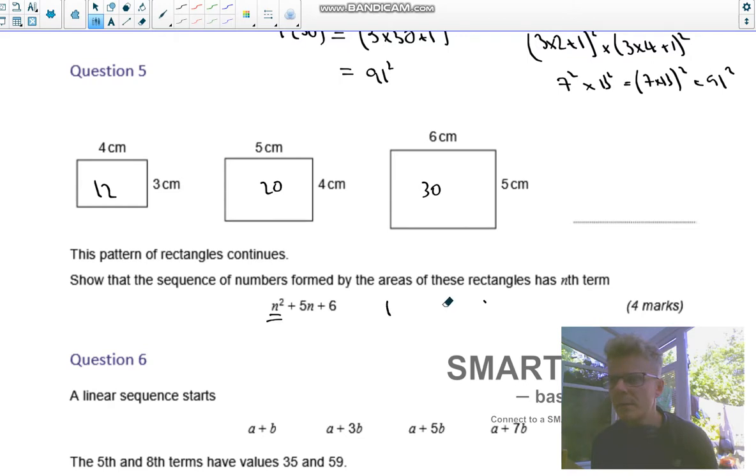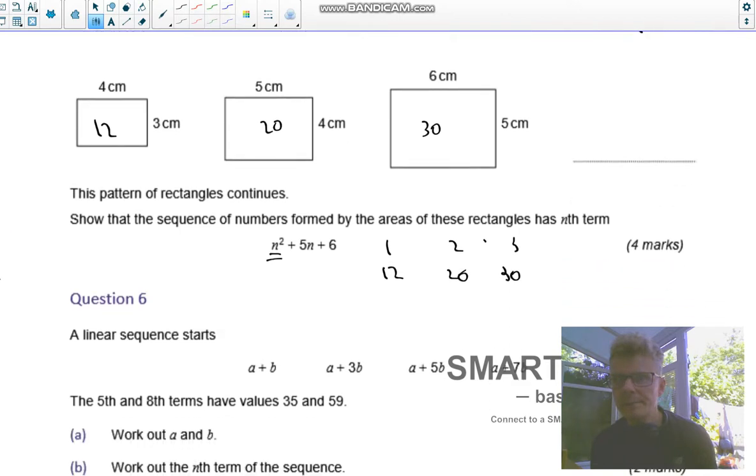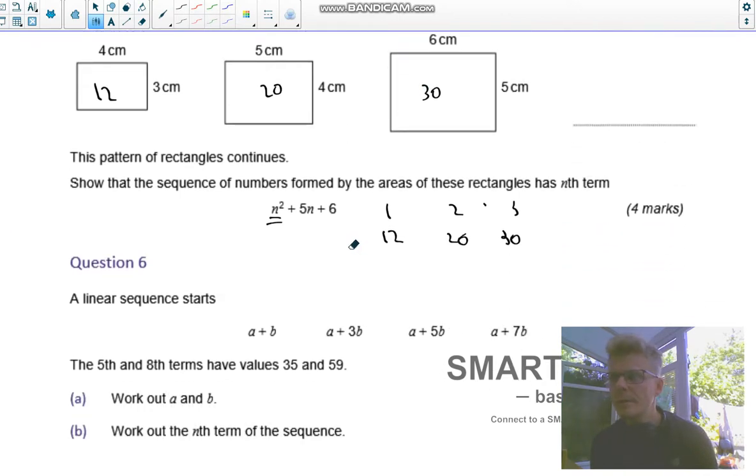So we've got 1, 2, 3, and then maybe we'll have a look at the fourth one as well. So the first term is 12, and then 20, and then 30, and if we compare that to the squared numbers, which of course are 1, 4, and 9, that's n squared.